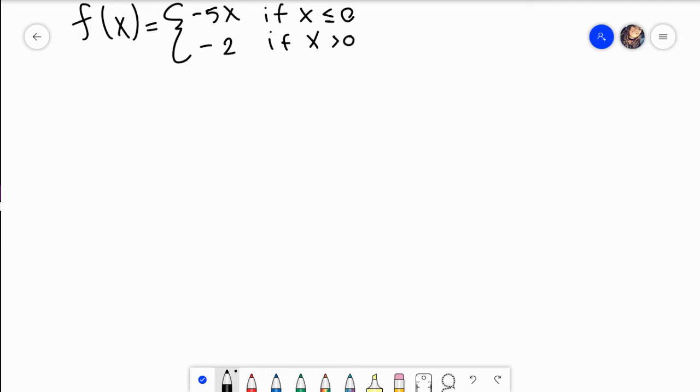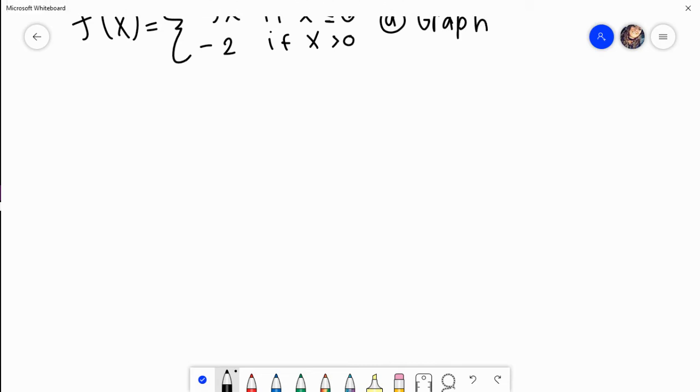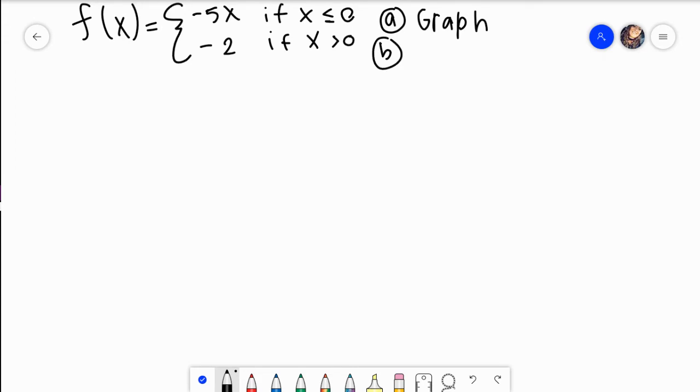What it's telling us to do in this problem, our A says to graph, and then our B says to determine our range.